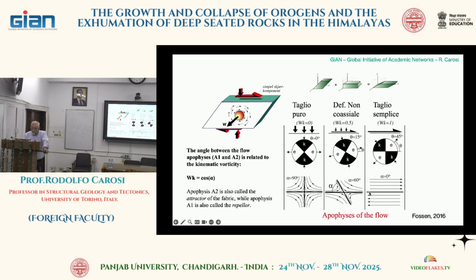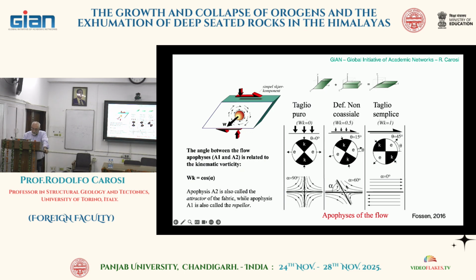During simple shear, you have only one apophysis, the horizontal one, parallel to the shear, and the second, vertical one disappears. In between pure shear and simple shear, these high-angle apophyses rotate in this direction.